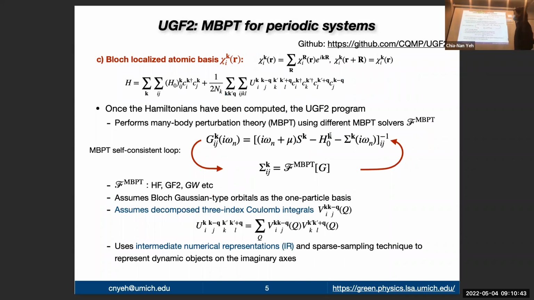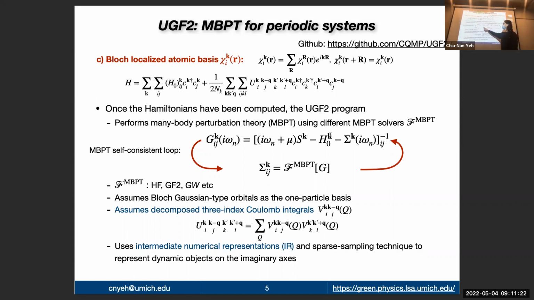So UGF2 is the many body perturbation code for periodic systems, also for molecules if you want. Essentially, once the Hamiltonian has been computed in this atomic basis, UGF2 will perform many body perturbation theory using different many body perturbation solvers. The solver could be Hartree-Fock, GF2, or GW. This many body perturbation self-consistent loop consists of the Dyson equation, where the Green's function depends on your self-energy, which contains all the electron correlation effects.